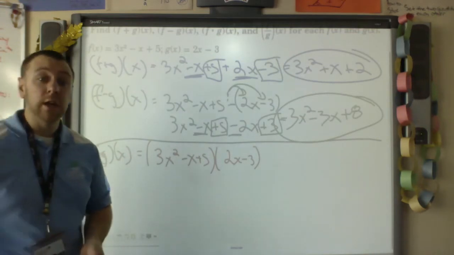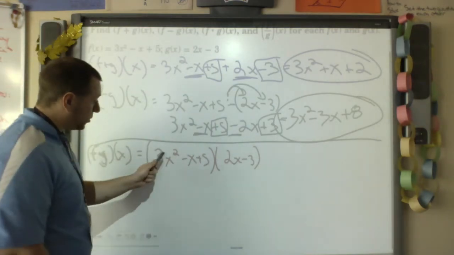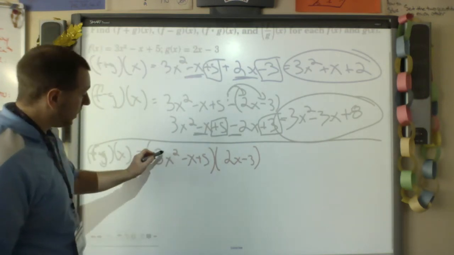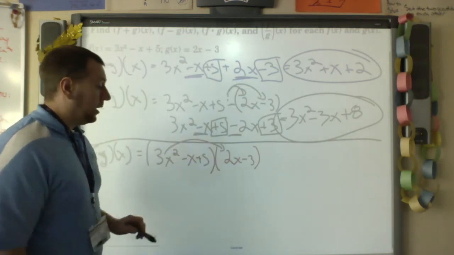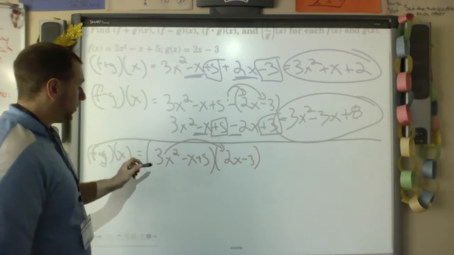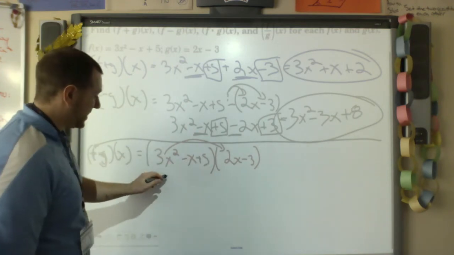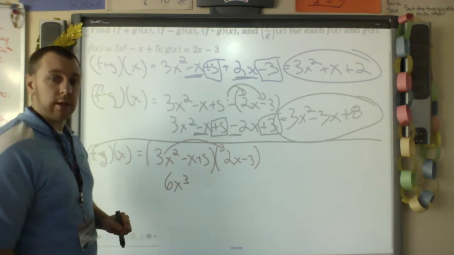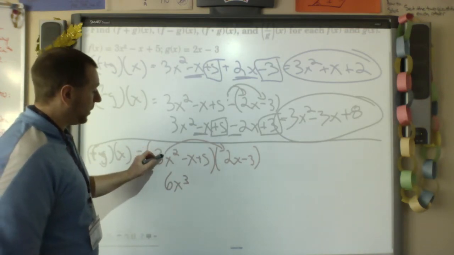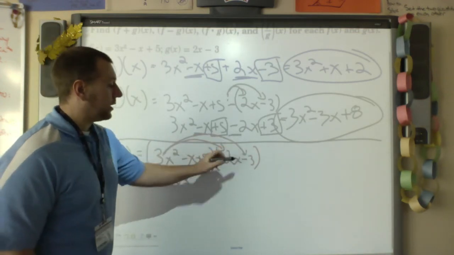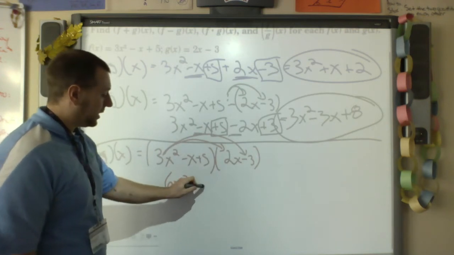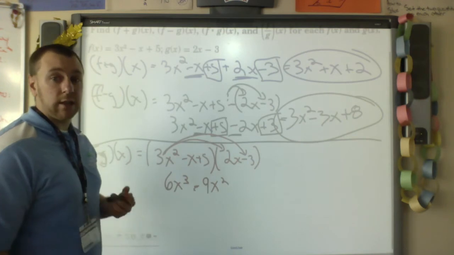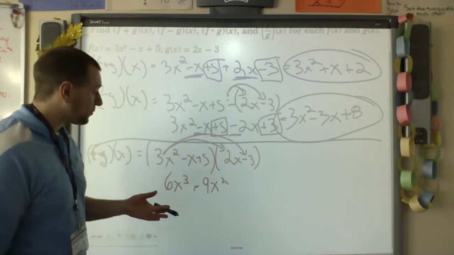So what I do is I distribute each one of these to this 2x minus 3. So I would do 3x squared times 2x. 3x squared times 2x is 6x to the third. Okay. Then I do 3x squared times negative 3. That's negative 9x squared, because the x's don't change, there's no x.